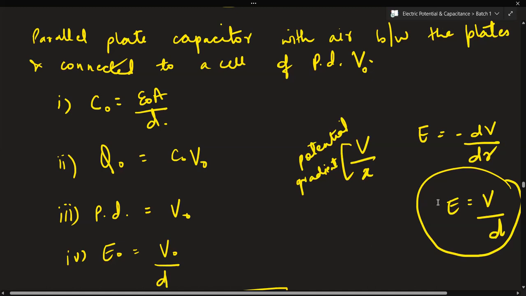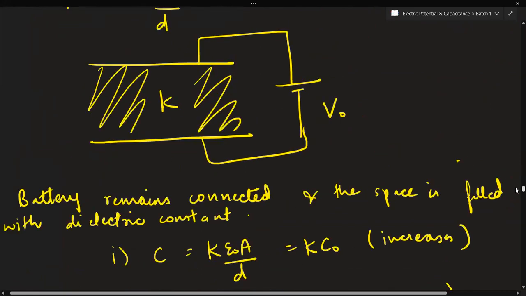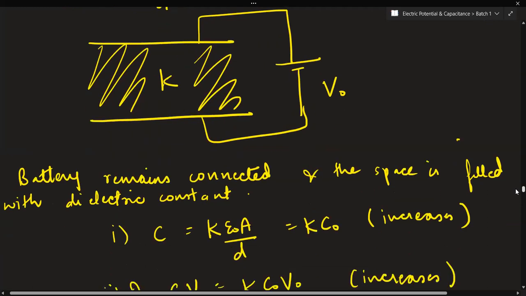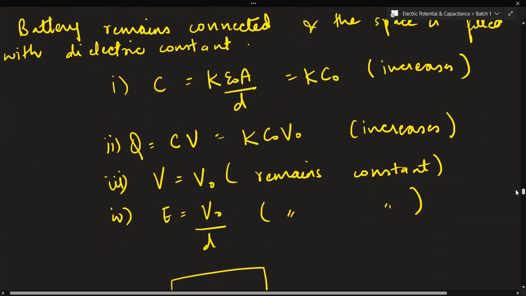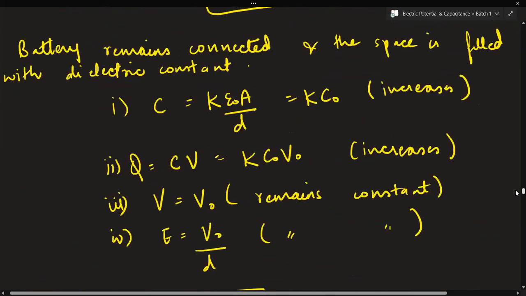Now 2 cases we'll study: if the battery remains connected, and if the battery gets disconnected when dielectric medium is introduced. Dielectric medium has been introduced. Case 1 is battery remains connected.